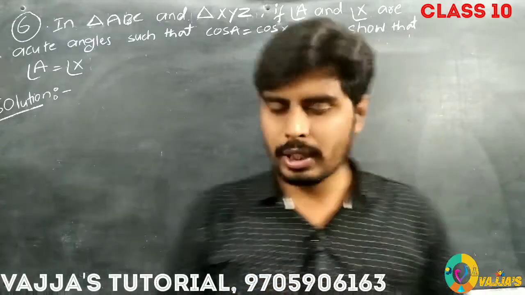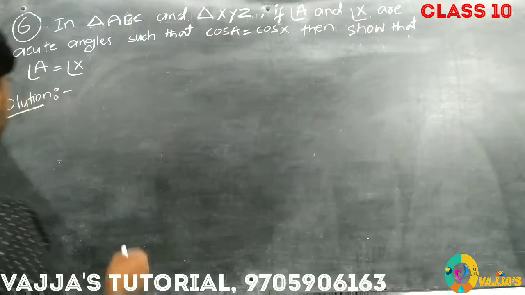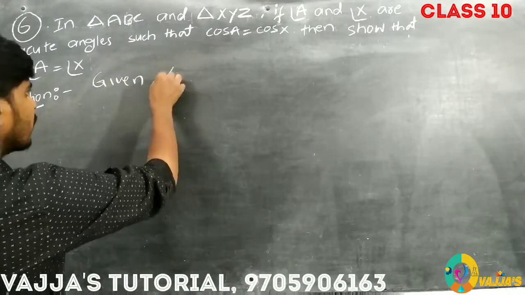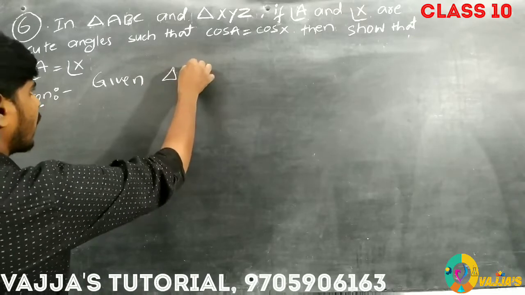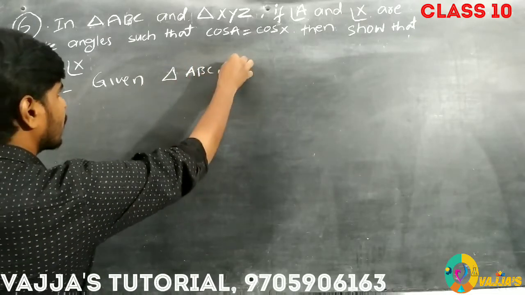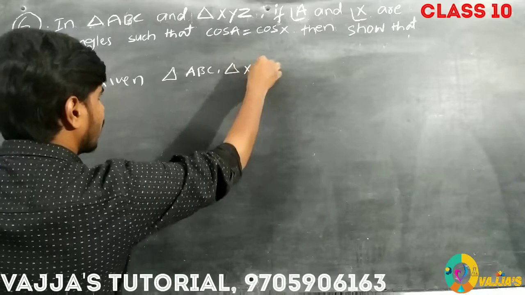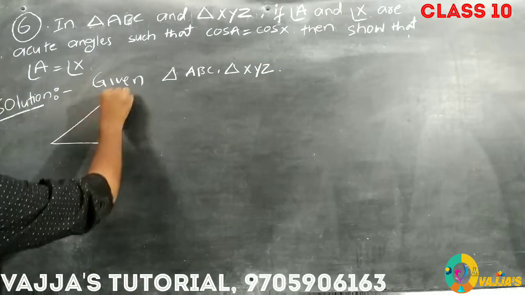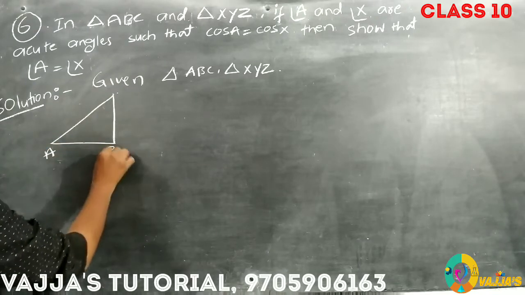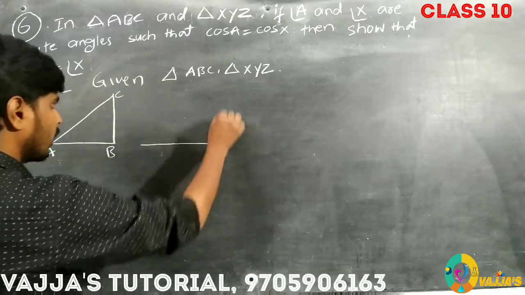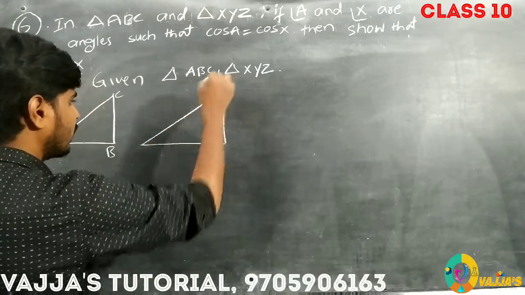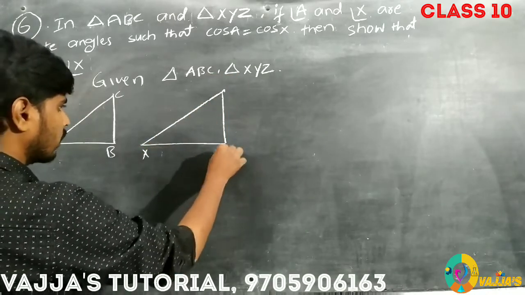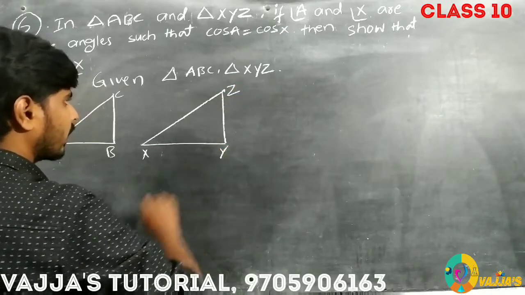Look at the board first. So what is given? Triangle ABC, triangle XYZ. I am taking two right angle triangles first: ABC, one right angle triangle, and XYZ, one more right angle triangle.